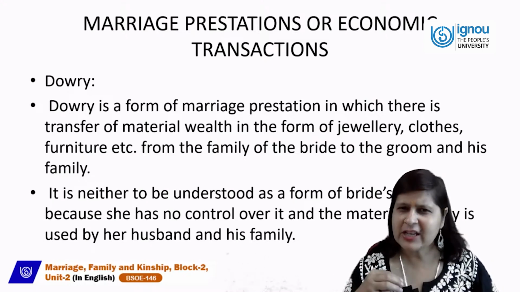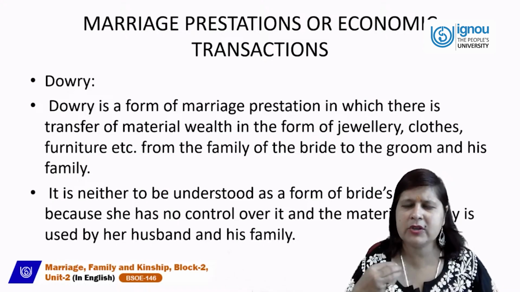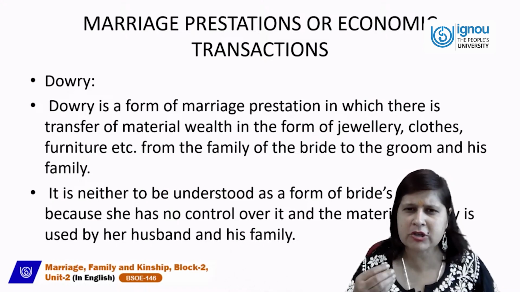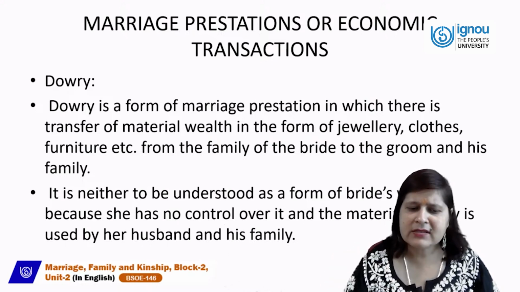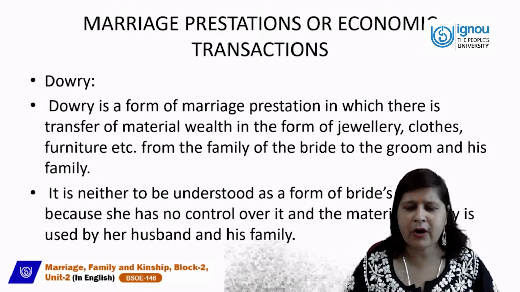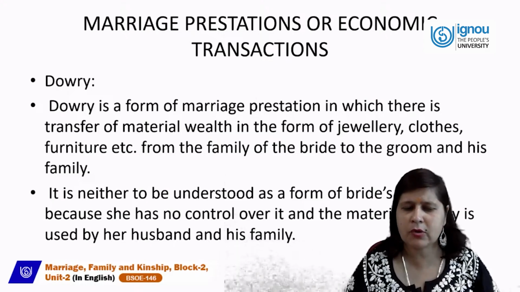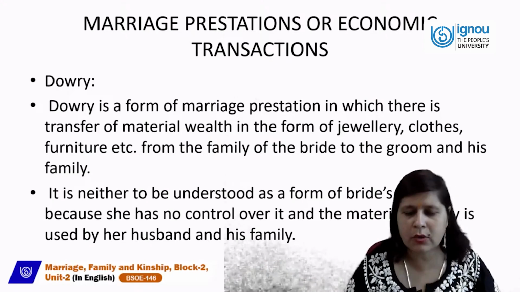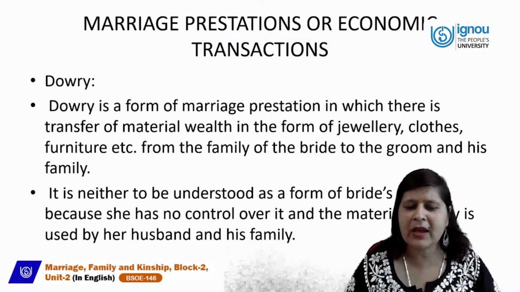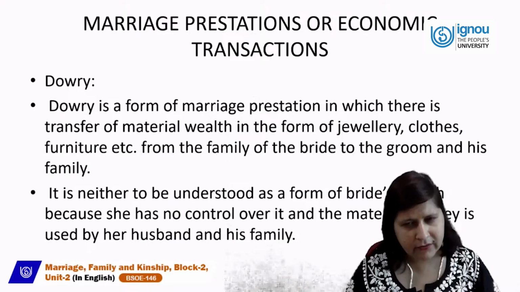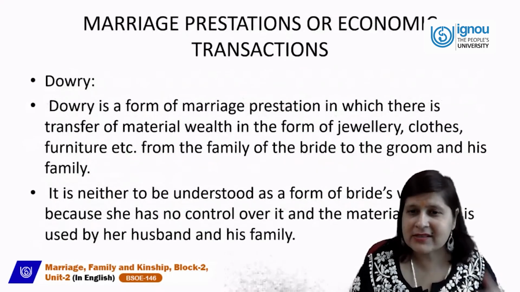When the bride's family gives gifts or presents in the form of jewelry, clothes, furniture, or cash to the groom and his family, it is not to be understood as a form of the bride's wealth, because she has no control over it, and the material or money is used by her husband and his family.